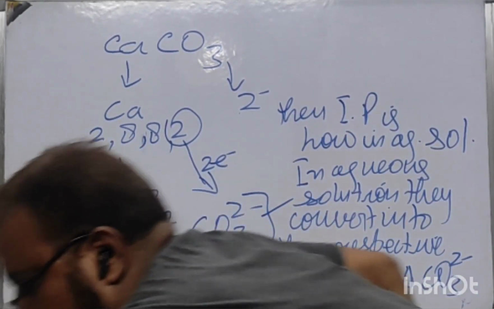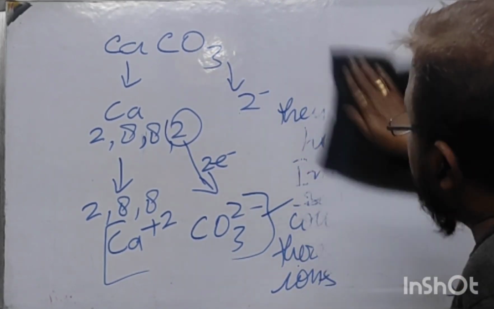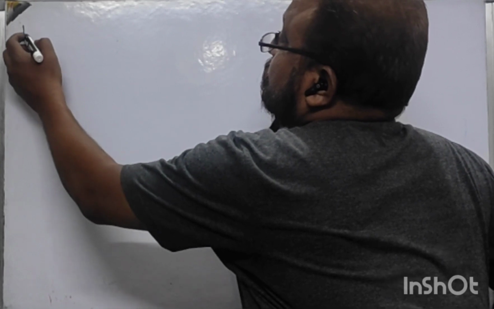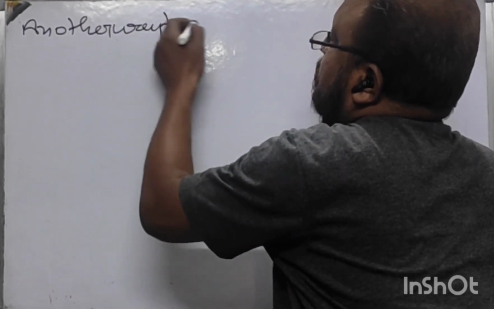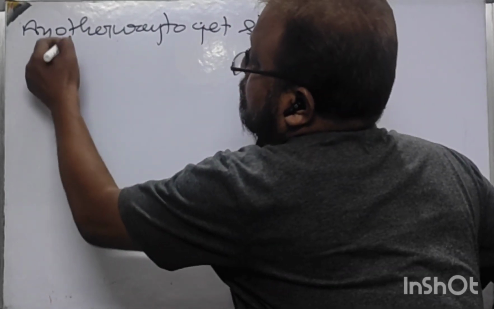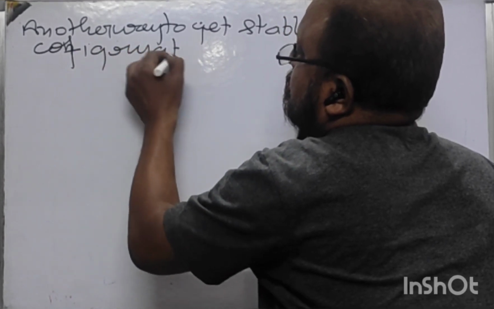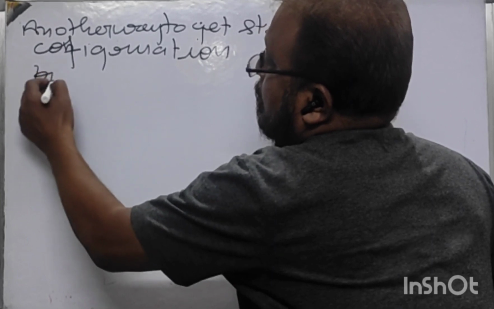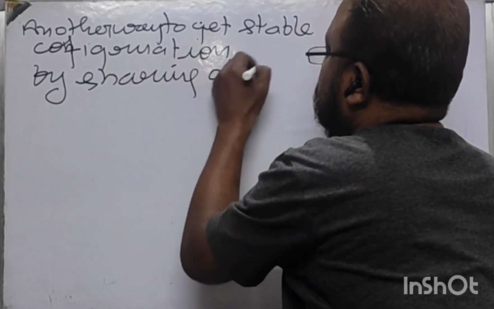Again, now we come to another type of bond. Now another way to get stable configuration is by sharing of electrons.